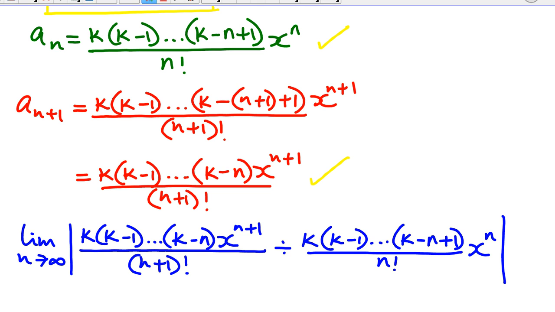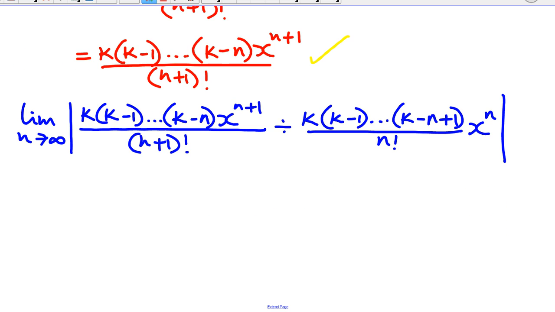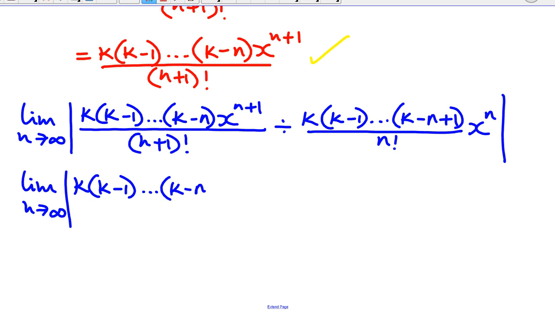All right, let's carry on to simplify this. What I'll end up with is the limit as n approaches infinity of the absolute value of k into k minus 1 up to k minus n, x to the power n plus 1 over n plus 1 factorial.